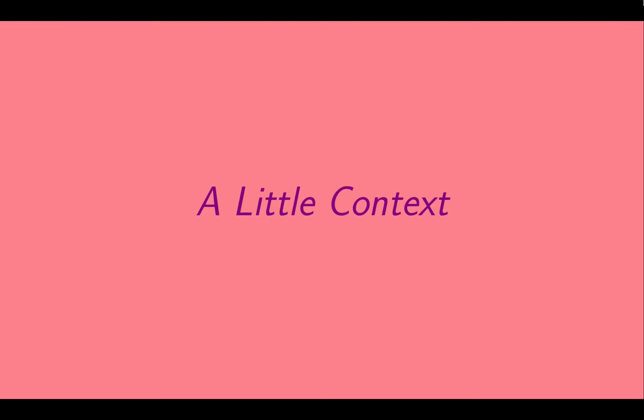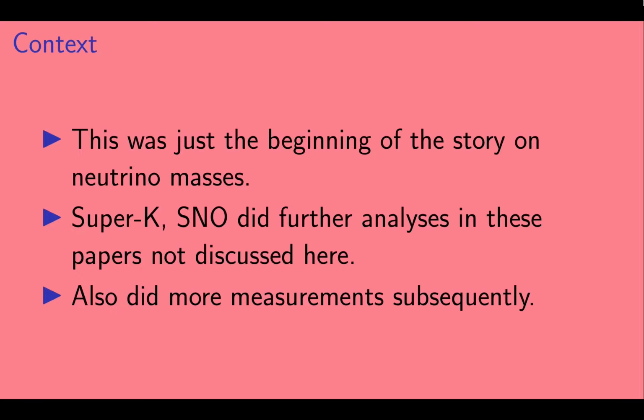Okay, I want to finish up by just giving a little bit of context for how these experiments fit into a bigger picture. So this was just the beginning of the story on neutrino masses. I don't want to give the impression that the solar neutrino problem was solved and physicists concluded that neutrinos had masses and that's all there is to it. So I should mention that Super-K and Snow also presented further analyses in these papers that I didn't discuss here.